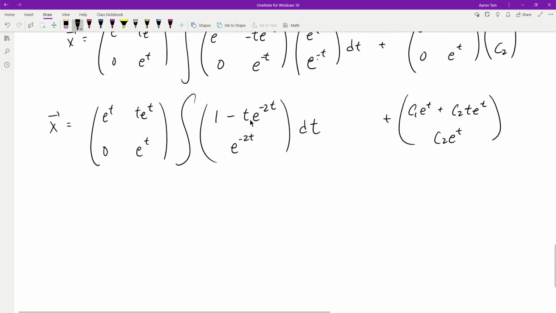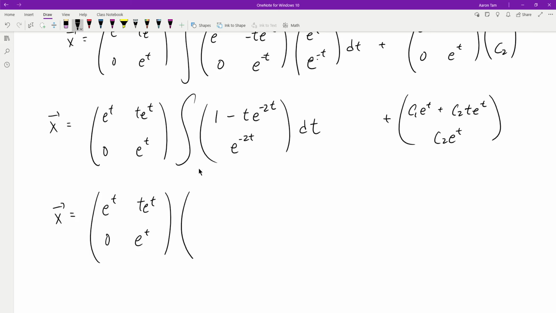Notice that t e^(-2t) will require integration by parts. I'll leave it up to you to do that and verify that you have the answer that I have. At this point, you should go back and make sure you know how to do integration by parts, so that you don't get caught up in this sort of problem not knowing what to do.